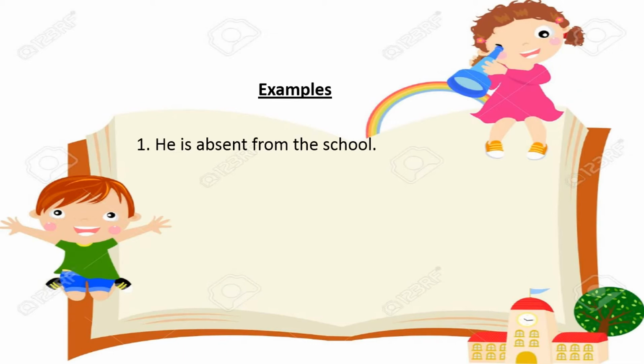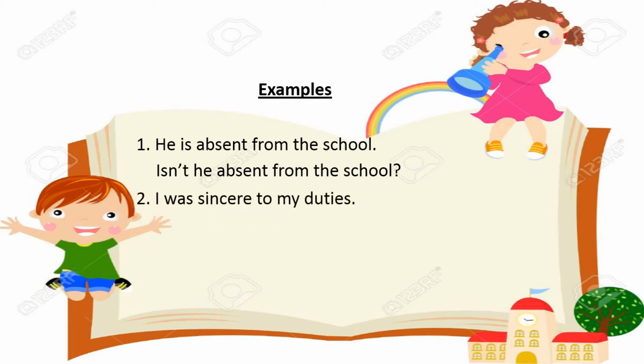So, isn't he absent from the school? Here the answer is: isn't he absent from the school? You just implement the rule, that is, the auxiliary verb is put before the subject, that is all.